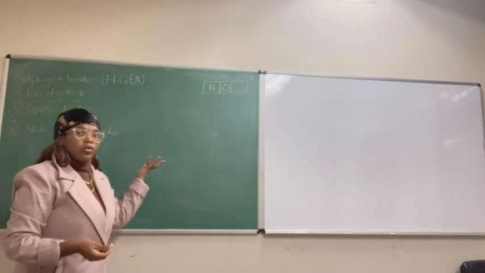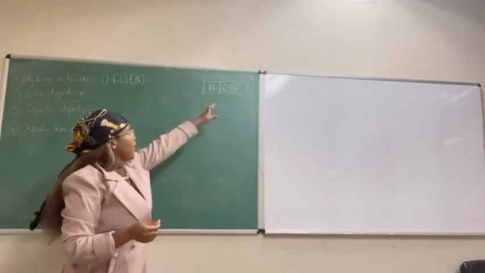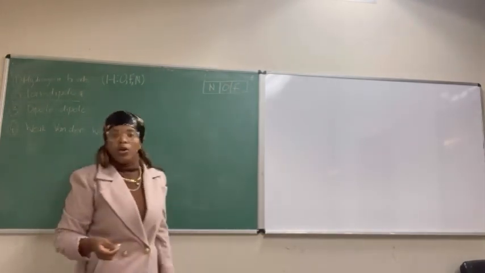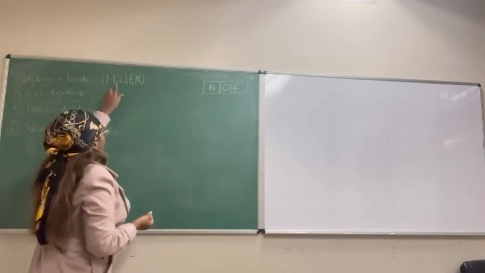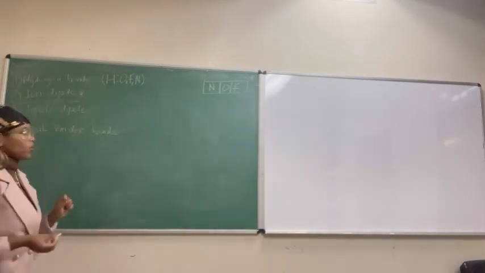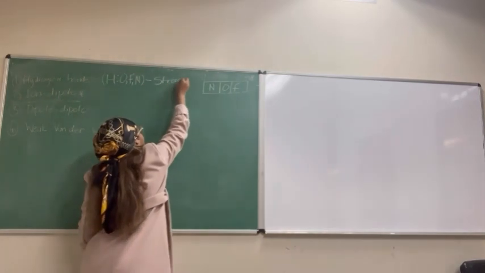We have fluorine, right? So always look at where oxygen is, the one next to and the one after oxygen. Those are the ones that will form hydrogen bonds. So wherever you see HO, HF, or HN, we have hydrogen bonds. Also, these ones are the strongest.